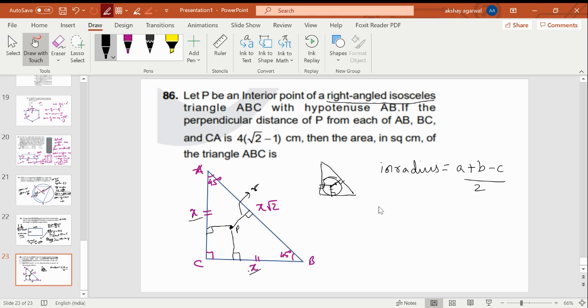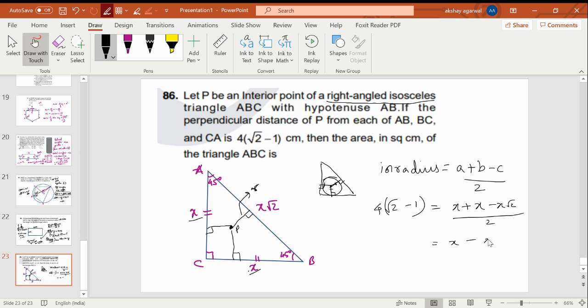So this we know is 4 root 2 minus 1 is equal to, all three sides are in terms of x, so we'll get the value of x. So that will be x plus x minus x root 2 the whole by 2. So this will become 2x by 2 minus x root 2 upon 2.